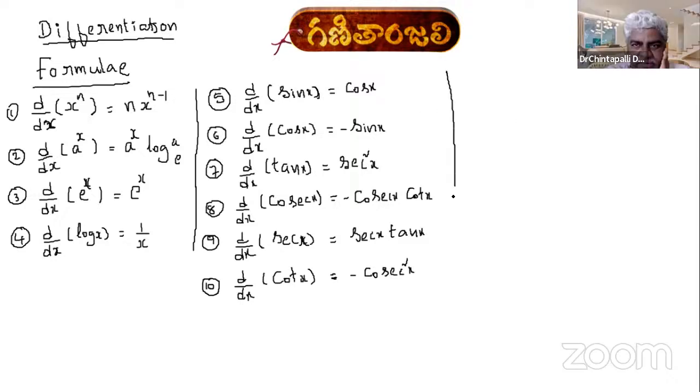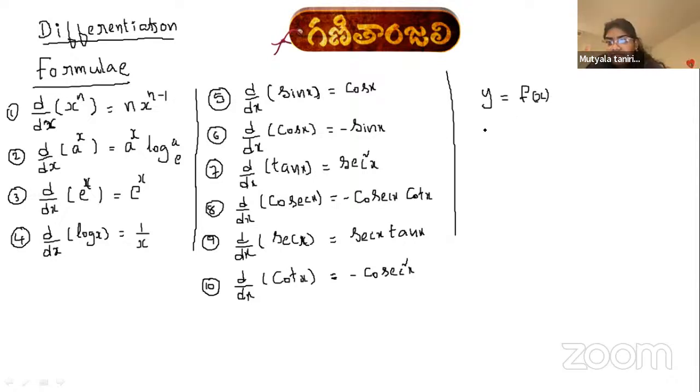Let me tell you one thing. Do you remember this formula? What is the derivative? You must know this. That is y is equal to f of x. Yes, sir.